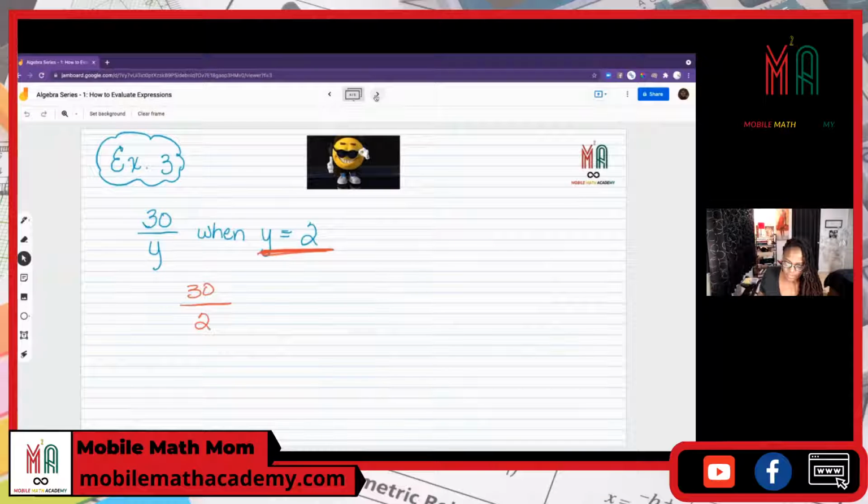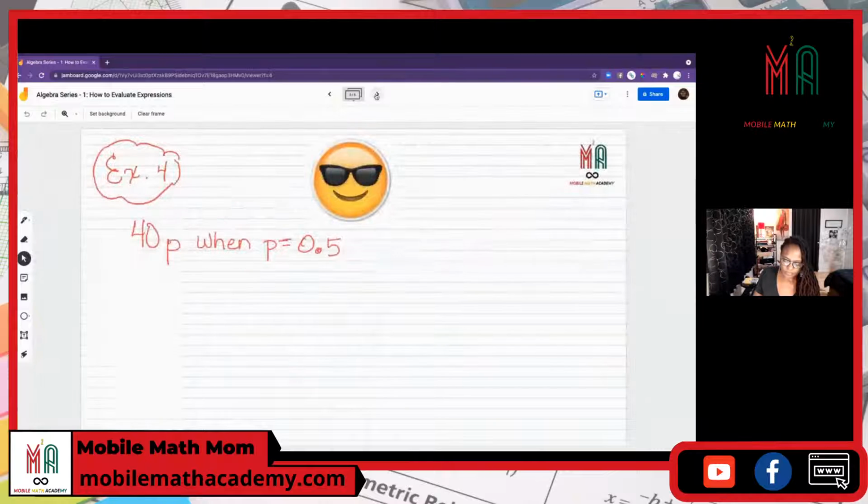When I evaluate that, I end up with 15. So 30 divided by y when y equals 2 is 15. All right, let's go to the next one.